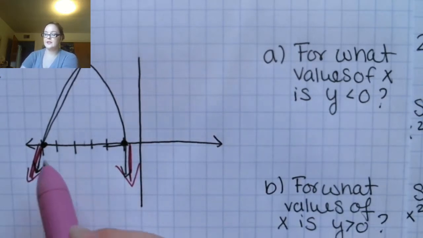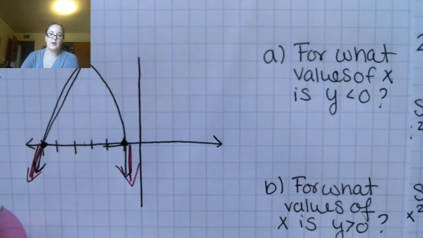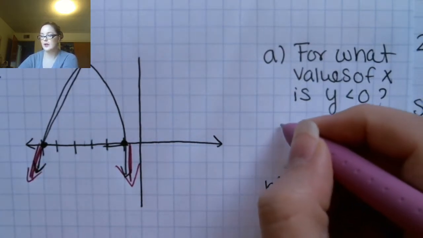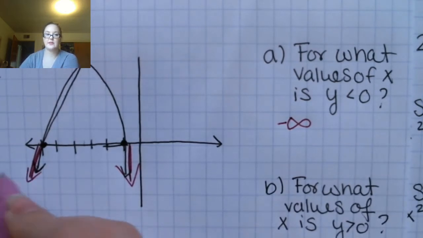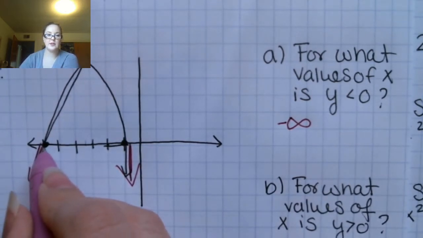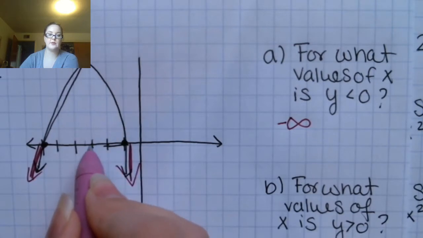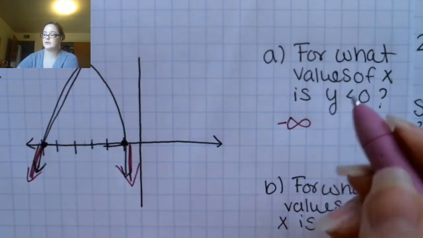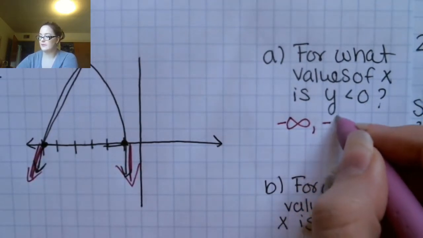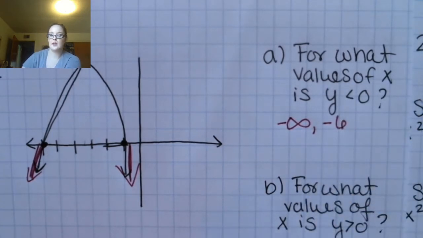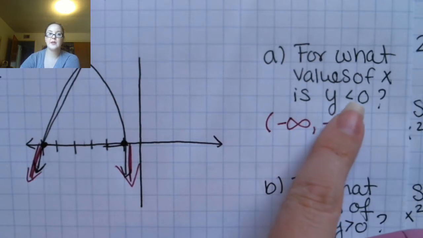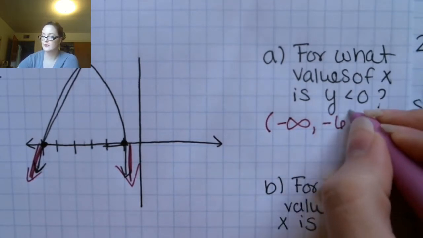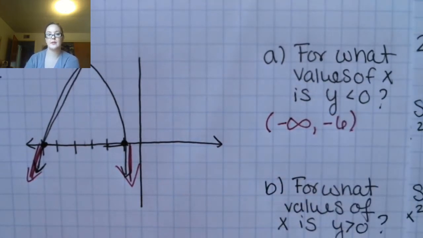So it's less than 0. You can see that this part goes off to the left, so there's no left endpoint. It continues off this way up to this point, which is -1, 2, 3, 4, 5, 6. We always use parentheses with negative infinity, and now because we have just less than, we're also going to use parentheses here.